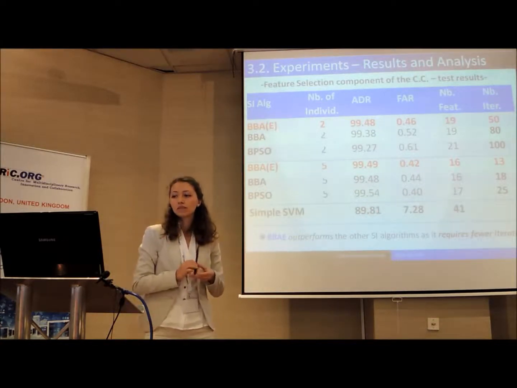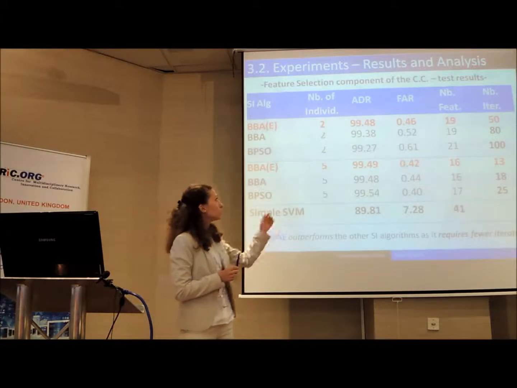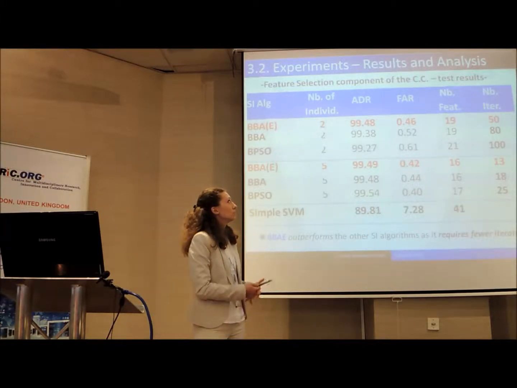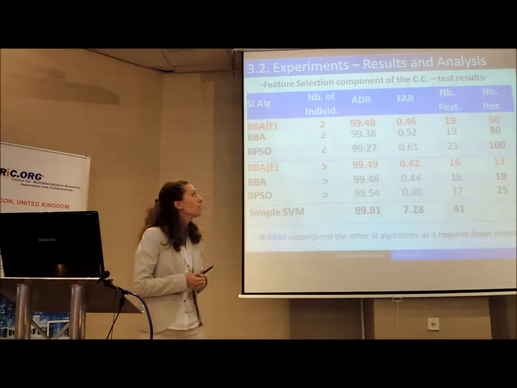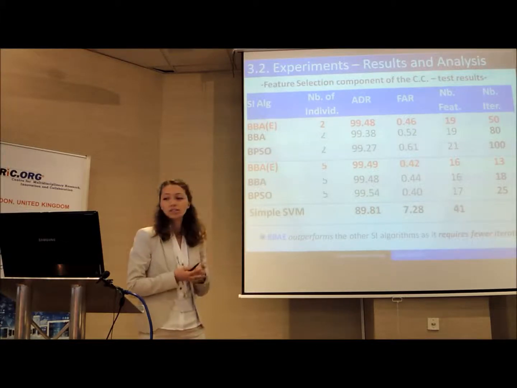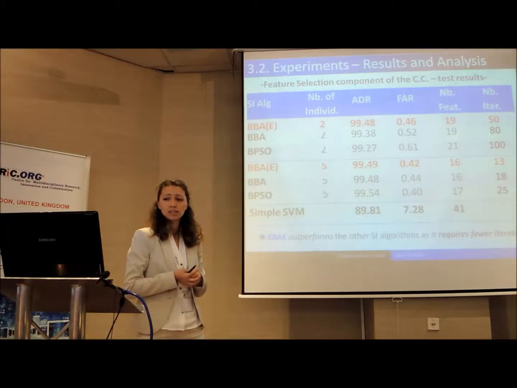For the feature selection component of the central collector, our test results have shown that the swarm intelligence algorithm managed to improve the attack detection rate by 10%, while the false alarm rate is reduced from 7% to 0.5%, while reducing the number of features in the best case scenario by almost 50%.